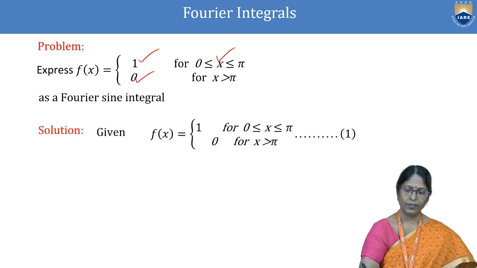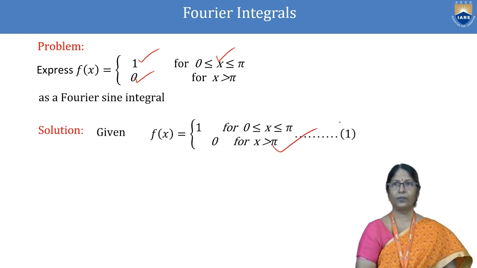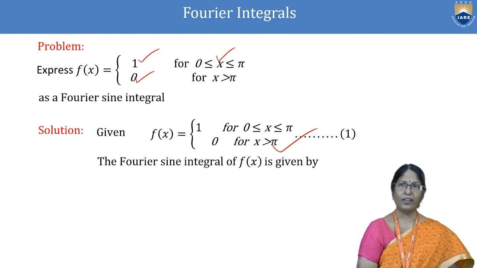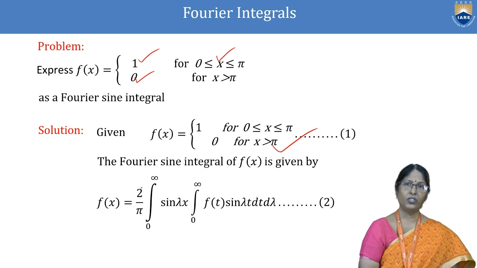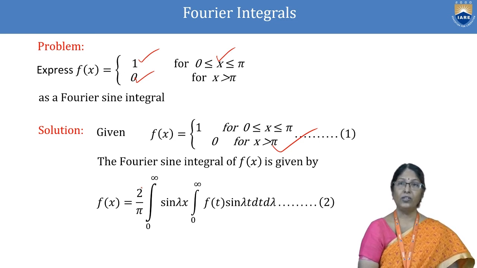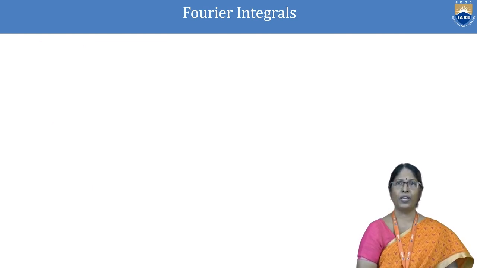So we write this as the given function, equation 1. The Fourier sine integral we know: 2 by pi integral 0 to infinity sin lambda x integral 0 to infinity f of t sin lambda t dt d lambda, which we name equation 2.